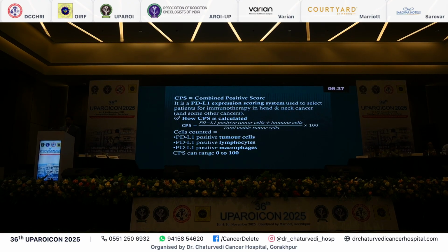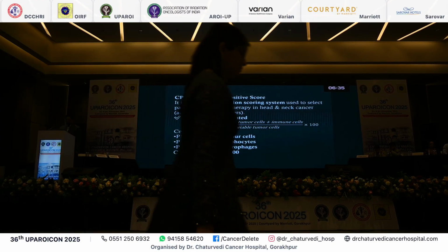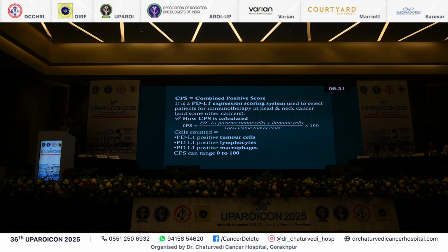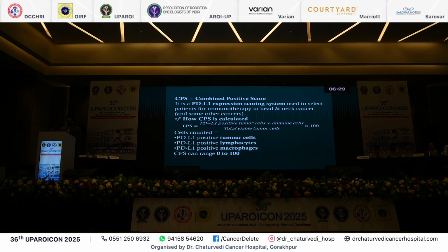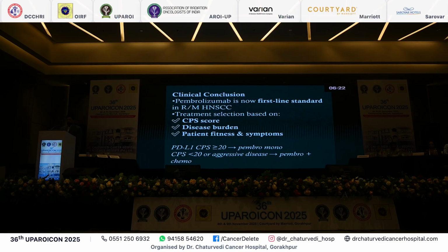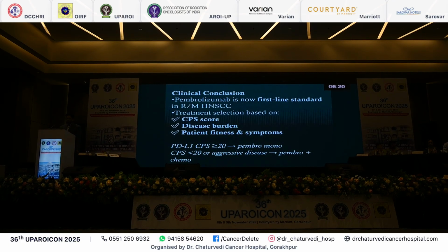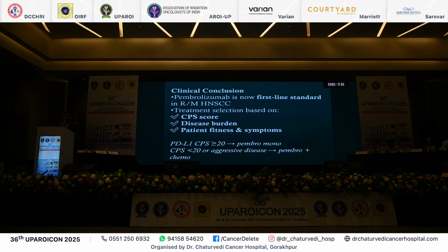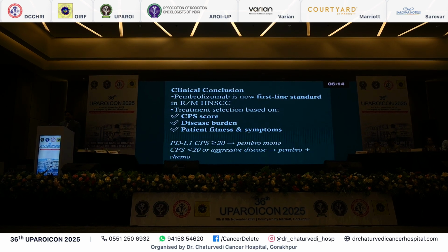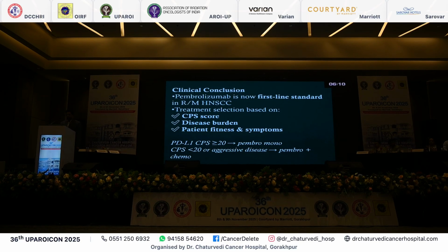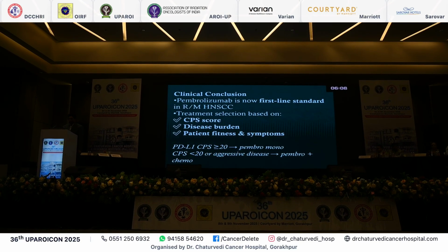So CPS, that is combined positive score, is a PD-L1 expression scoring system used to select patients for immunotherapy in head and neck cancer. And so the clinical conclusion is pembrolizumab is now first line standard in recurrent and metastatic head and neck cancer patients. And treatment selection is based on CPS score, disease burden, and patient fitness and symptoms.